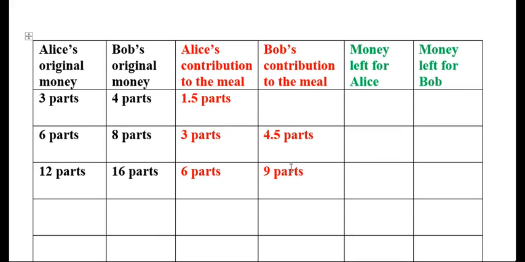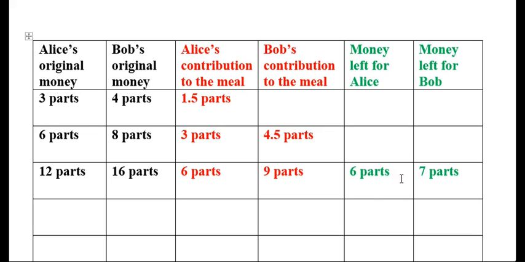After they buy the meal, Alice would have 6 parts of money left, and Bob would have 16 minus 9, that is 7 parts of money left. So this is the third try.